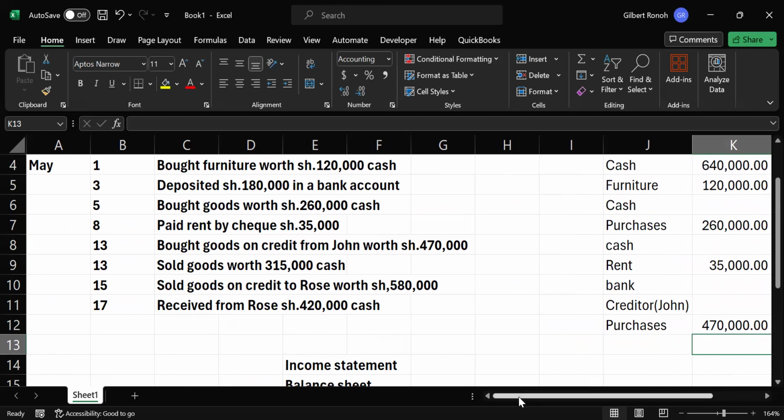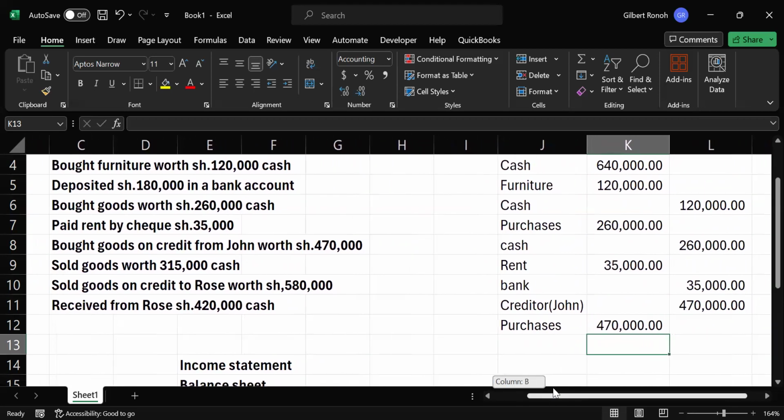And then the next transaction is that they sold goods worth 315,000 on cash. So now when you sold goods, which account are you opening? First, there is a cash account, which is very clear. We have to receive that money into our cash account. But now we are selling to our customer, so we are getting revenue, which is an income.